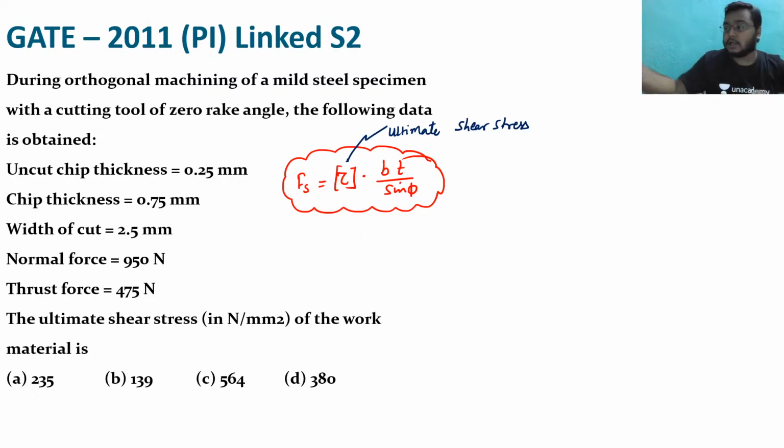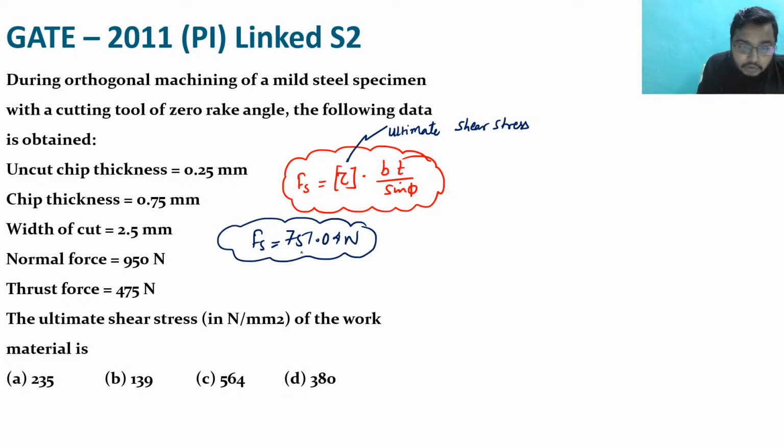See, there is nothing rocket science involved. You have found the fs earlier, and the fs value is 751.04 newton in the earlier question. So what you need to do is plug in the values in this equation. fs is equal to 751.04, and this is equal to tau into b into t by sine phi.